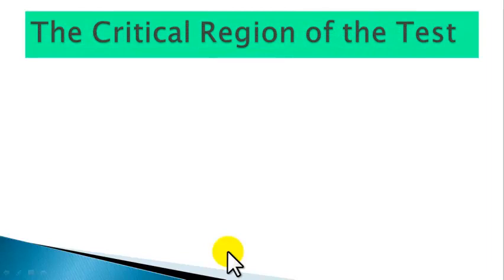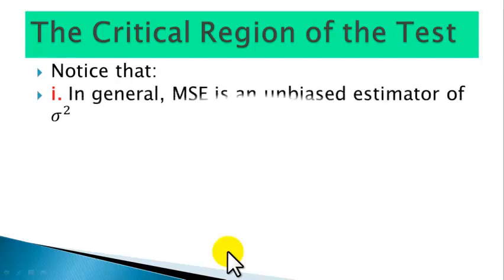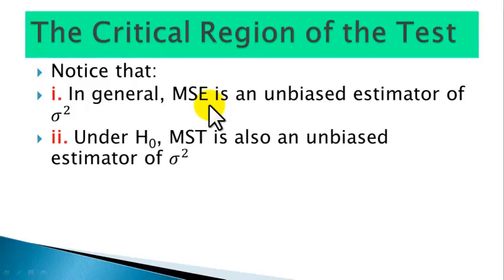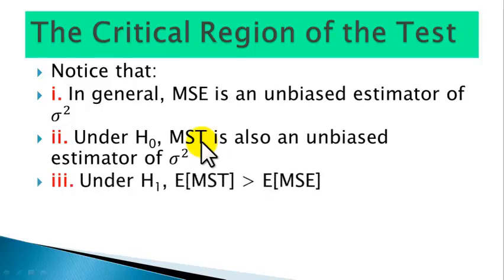The critical region of the test. Notice that, 1. In general, the mean square for error is an unbiased estimator of sigma squared. 2. Under the null hypothesis H0, the mean square for treatment is also an unbiased estimator of sigma squared. 3.